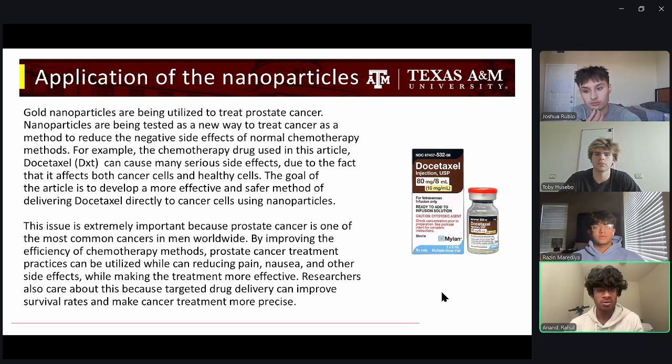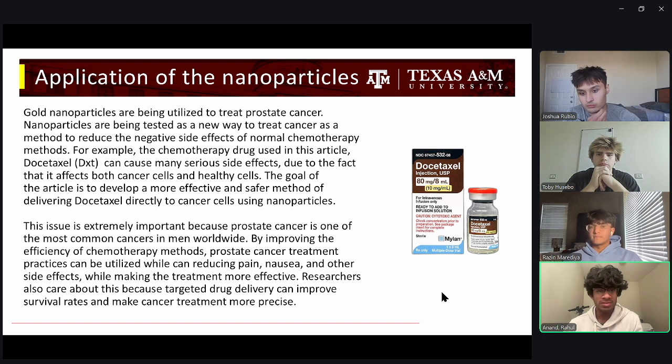So the goal of the article is to develop a more effective and safer way of delivering the DXT directly into the cancer cells via the nanoparticles. This issue is extremely important because prostate cancer is one of the most common cancers in men across the entire world.